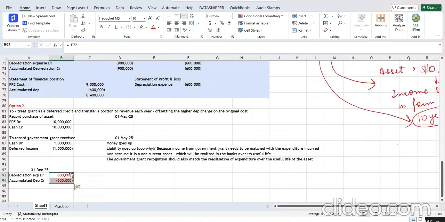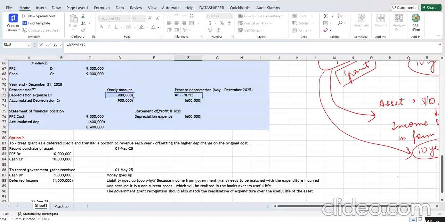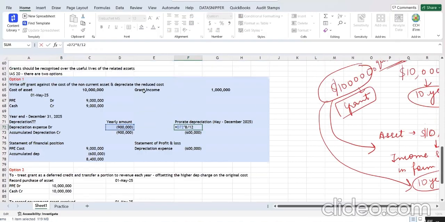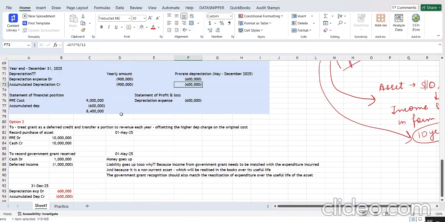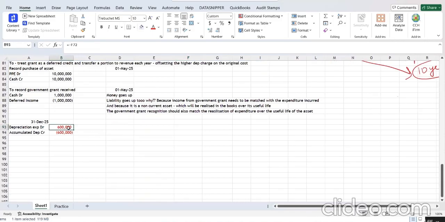So the depreciation that we calculated here was on the net amount, was on the 9 million amount. But this time we have to calculate depreciation on the total cost of my PP&E, right? So the total cost of my PP&E is 10 million. I will divide it by 10 years.